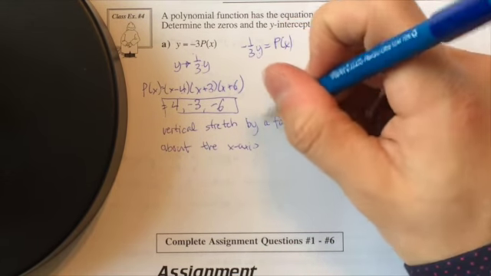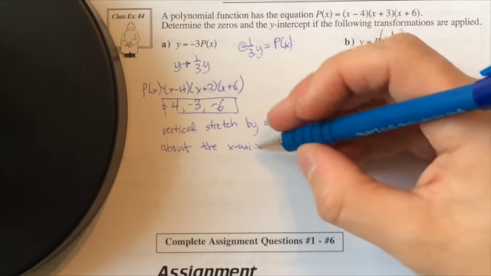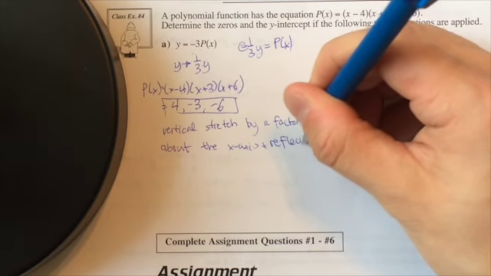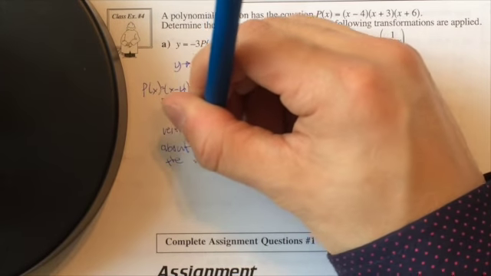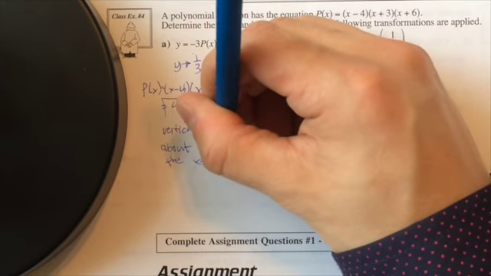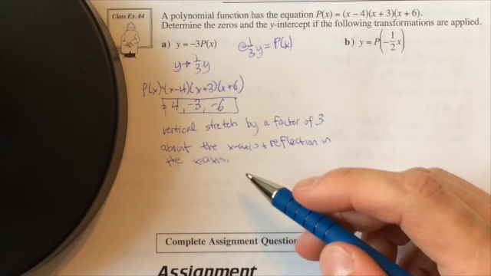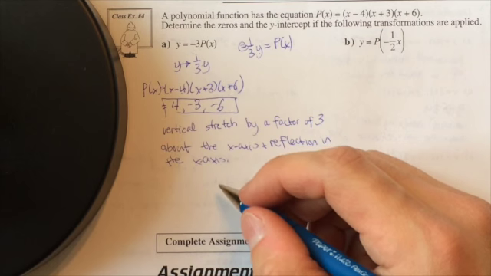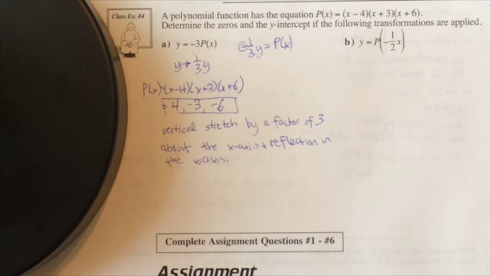And if I look at the reflection here, that's negative, so there's also going to be a reflection in the x-axis. So there's not going to be any change to the zeros, but there will be a change to my y-intercept.